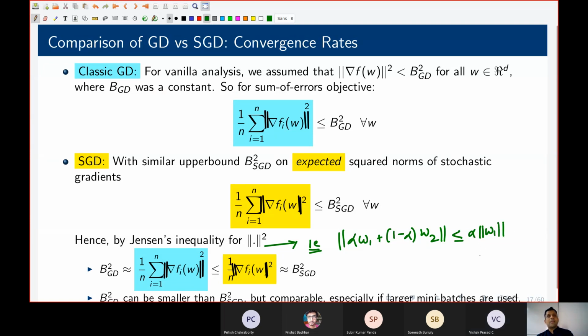Why norm square? Norm is also convex. Actually it holds for both norm and norm square.